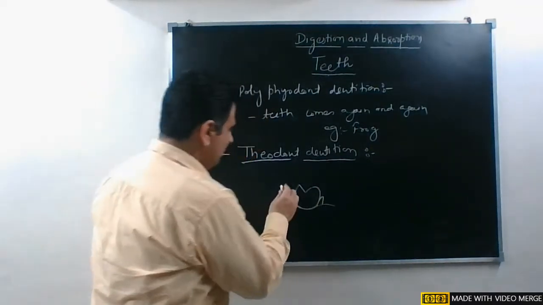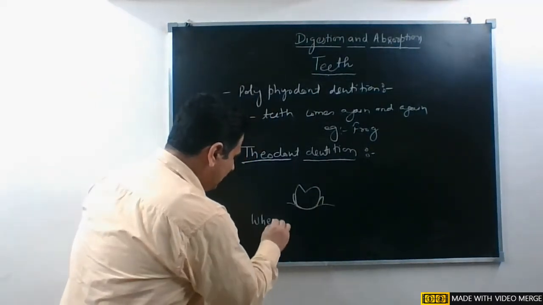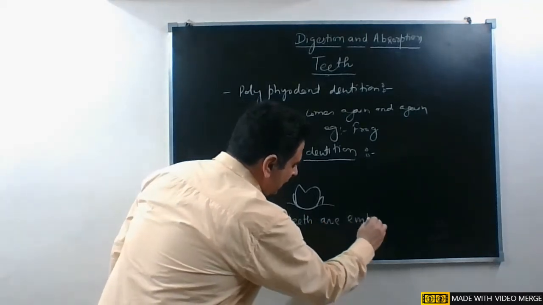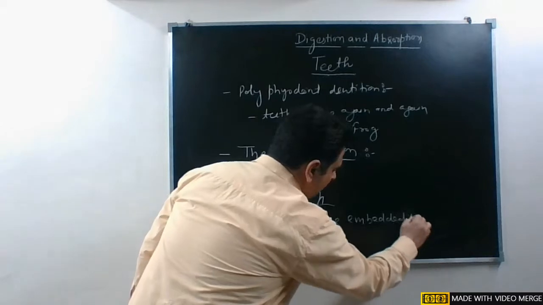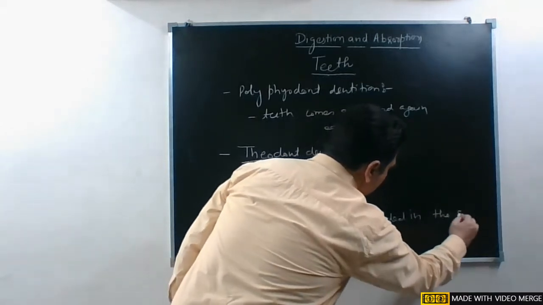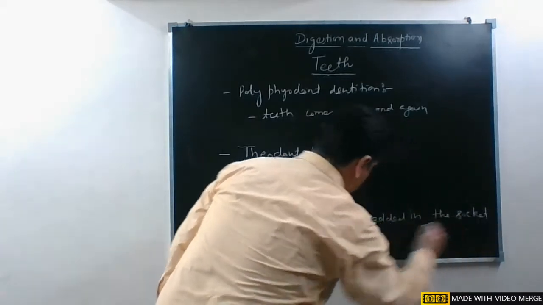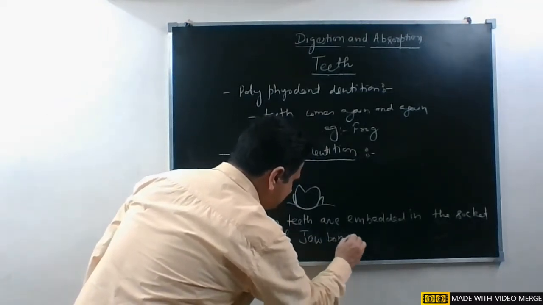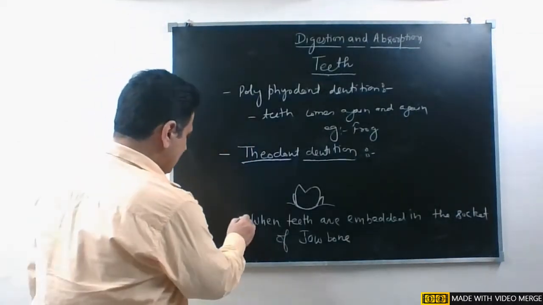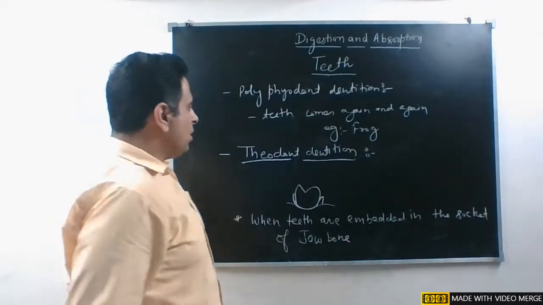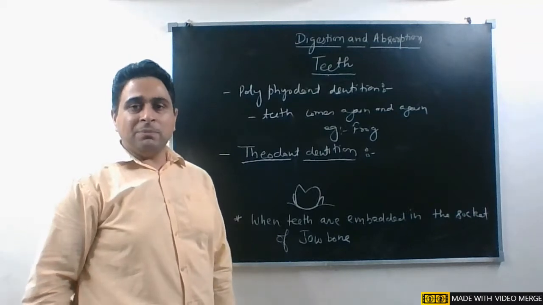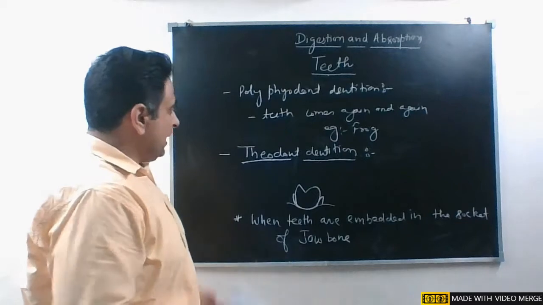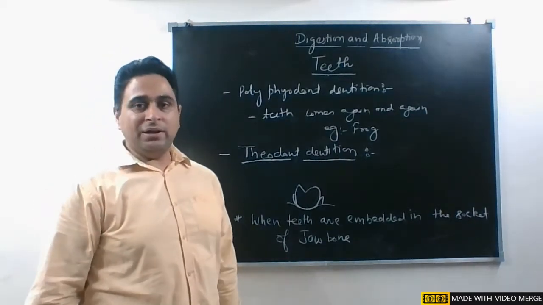So what we'll write: when teeth are embedded in the socket of jawbone, then such dentition is called thecodont dentition. जब जबड़े में दांत पूरी तरह से धंसे हुए होते हैं तो इस dentition को क्या कहेंगे, thecodont dentition.